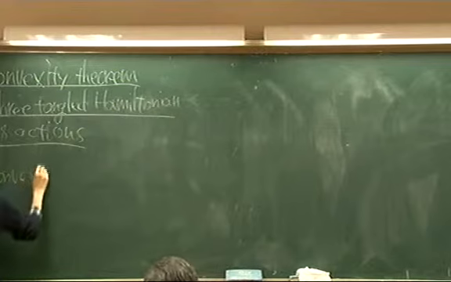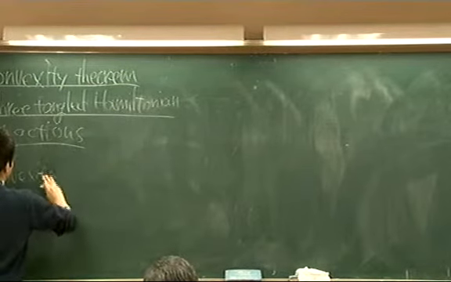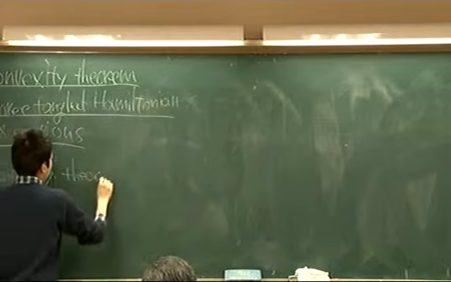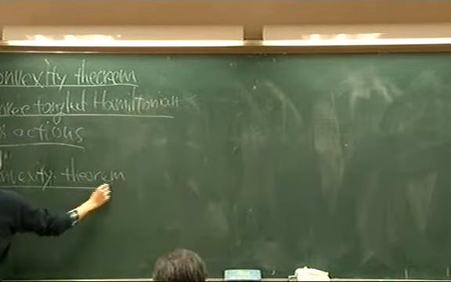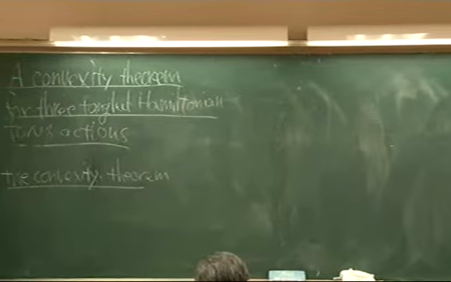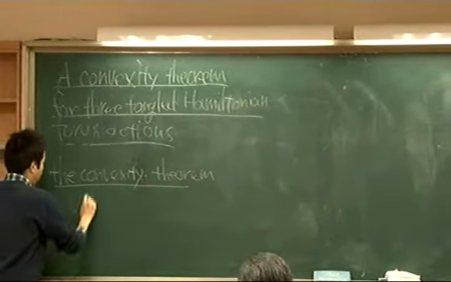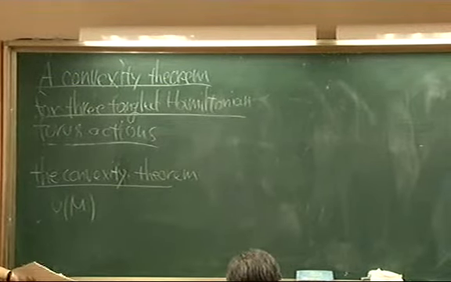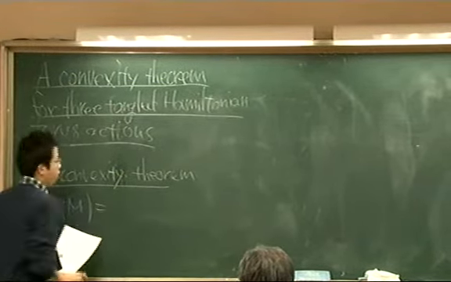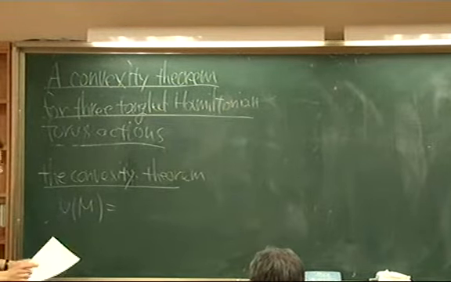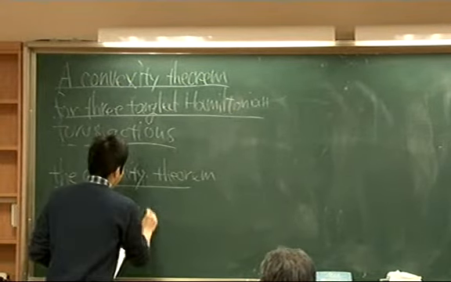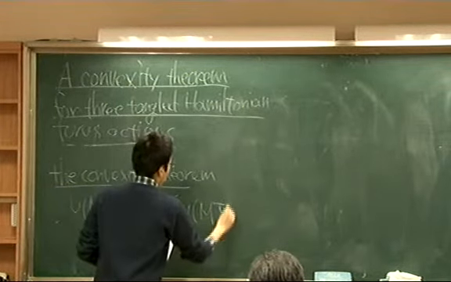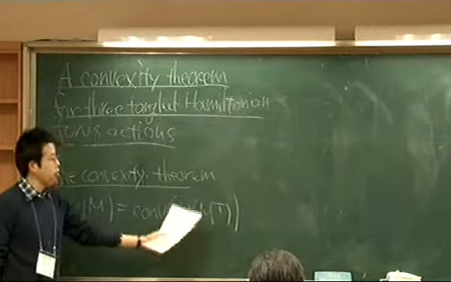The convexity theorem itself states that the image of the moment map of a Hamiltonian torus action is convex, and is actually the convex hull of the image of the fixed point set.